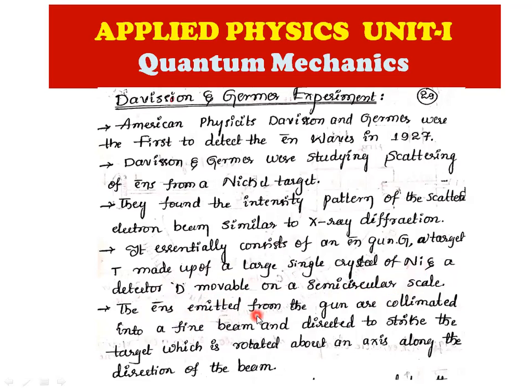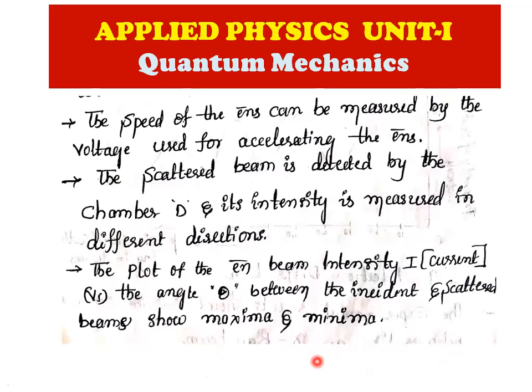The electrons emitted from the electron gun are collimated into a fine beam and directed towards the target, which is rotated about the axis along the direction of the beam, as shown in the figure.